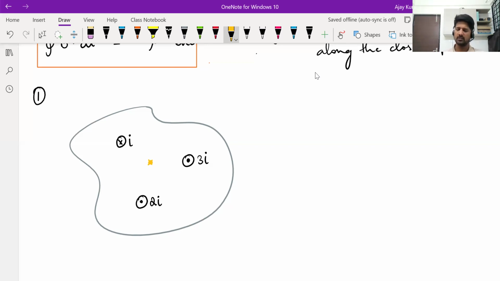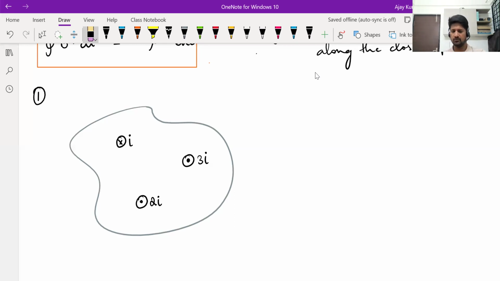Anti-clockwise. Okay. Thumb should be pointing out of the screen and fingers towards that yellow point. Then palm will be facing this way. It will produce anti-clockwise magnetic field lines like this. So I produces clockwise magnetic fields. 2I and 3I, since they are both out of the screen, will produce anti-clockwise magnetic fields.